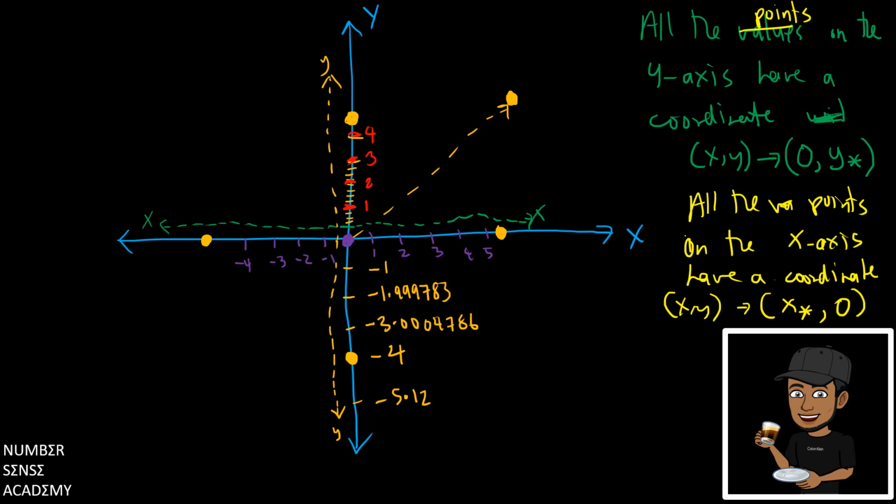So if it's sitting on the y-axis, x is 0. If it's sitting on the x-axis, then y is 0.